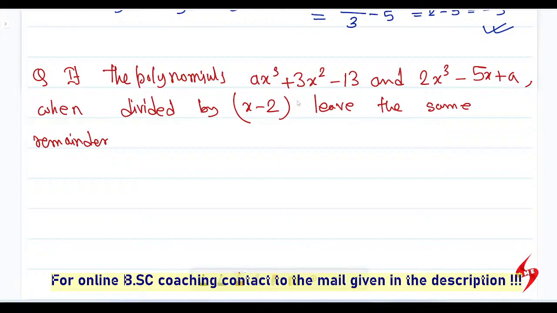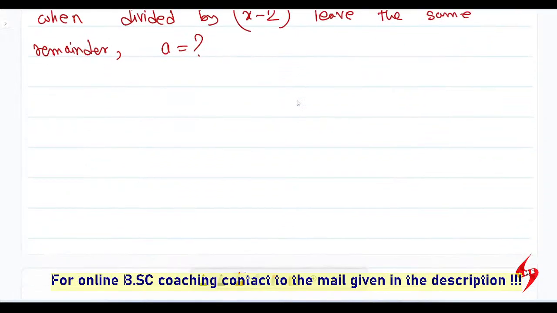Okay. So what is the value of a? This is so easy. Here the information is that this polynomial is divided by this, and this polynomial is divided by this, and both the remainders are the same. So at first we should mention these polynomials.